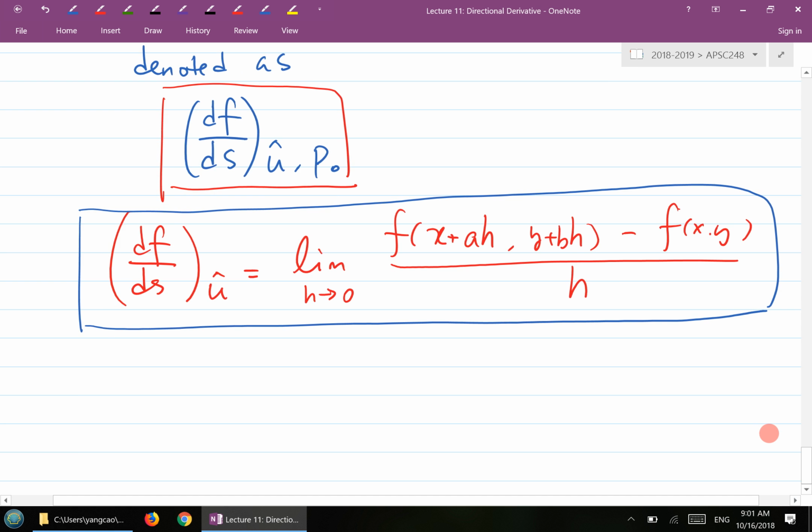But we have a better formula to calculate this directional derivative, and this formula is what I want you to remember. So this is your df over ds in the u hat direction. The formula is del f dot u hat.